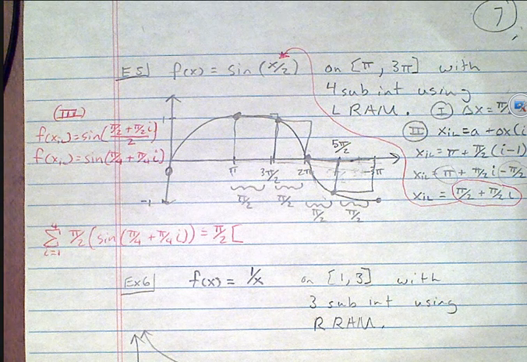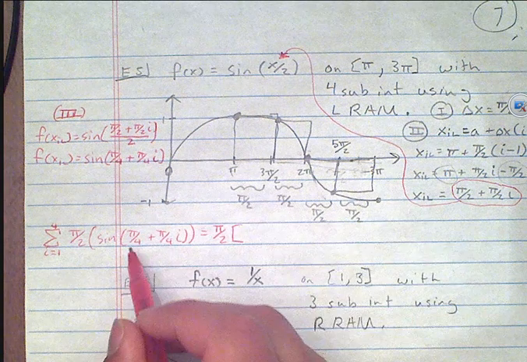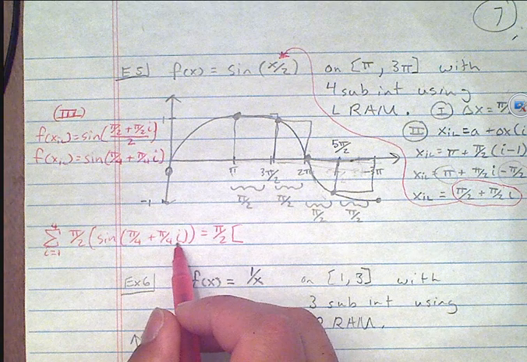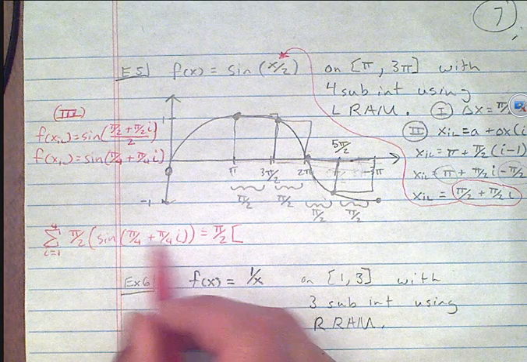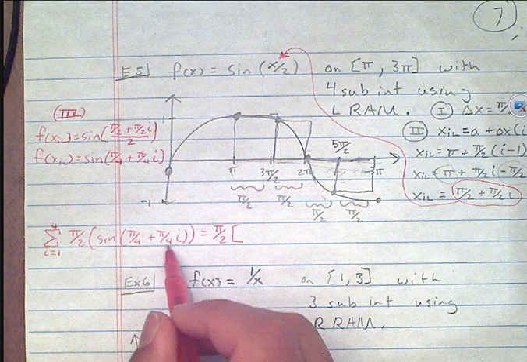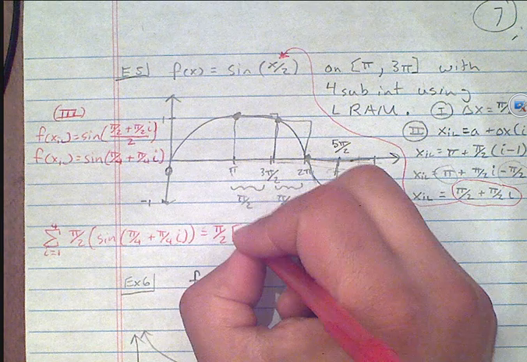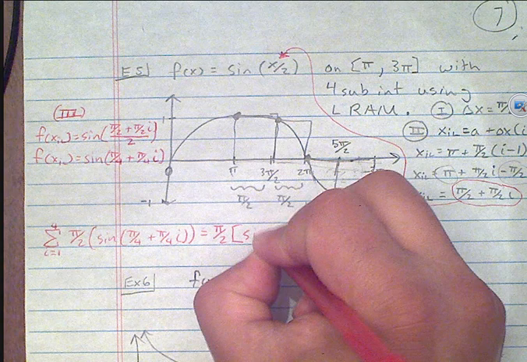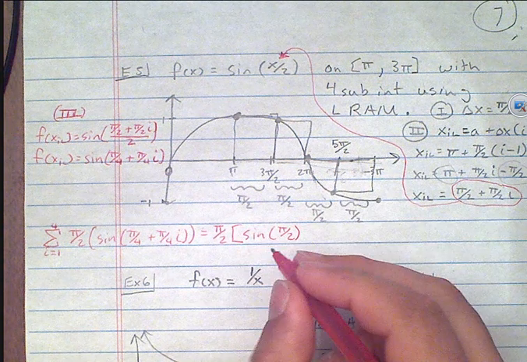Alright, but when I plug in 1, watch. Pi over 4 plus pi over 4 times 1. Okay? I know that that's going to be pi over 4 plus pi over 4, which is 2 pi over 4, which is pi over 2. So sine of pi over 2. And I know what that is.